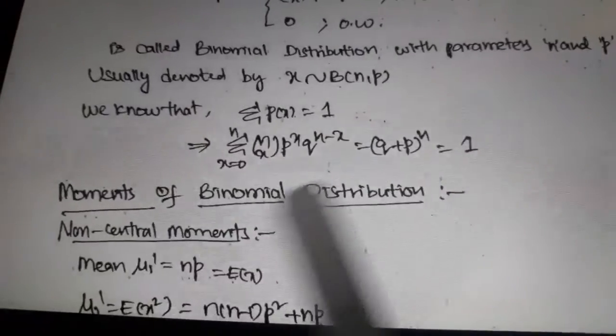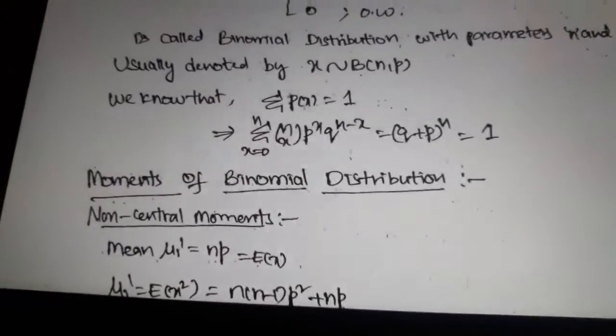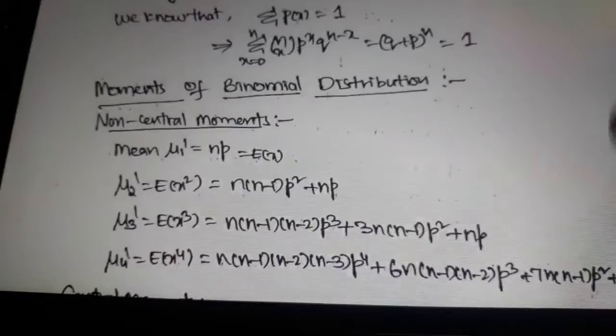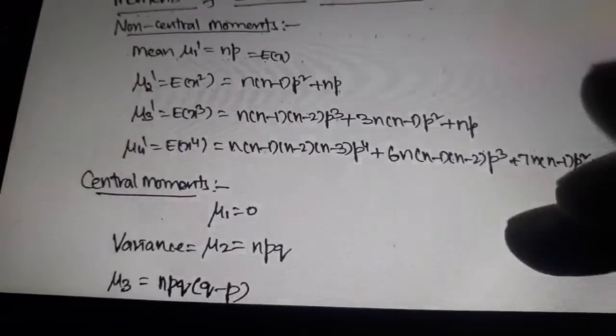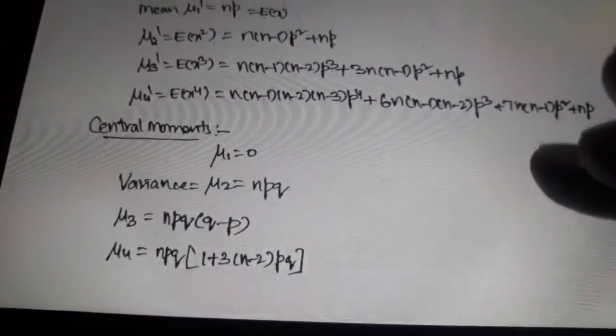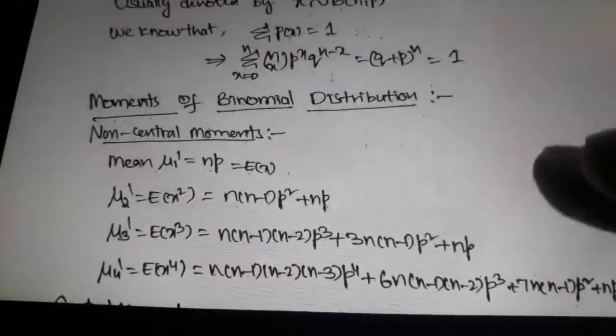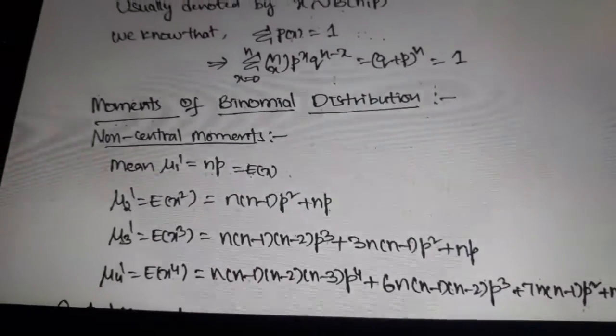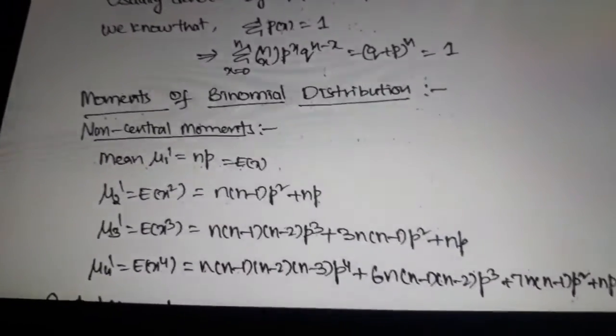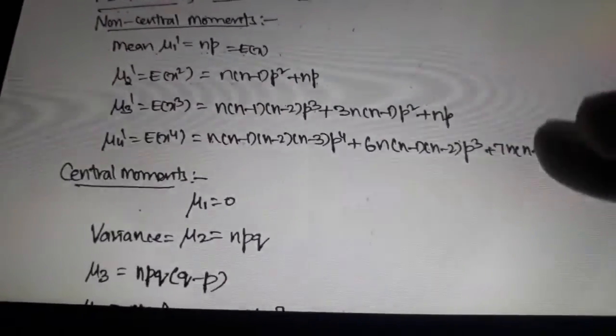Then moments of the binomial distribution. One more thing, in your syllabus only statements are there for all the properties, so related sums are also involved. That's why there are no proofs here. For moments of the binomial distribution, consider non-central moments, mu1 dash, mu2 dash, mu3 dash, mu4 dash.